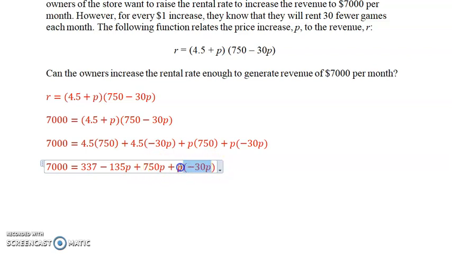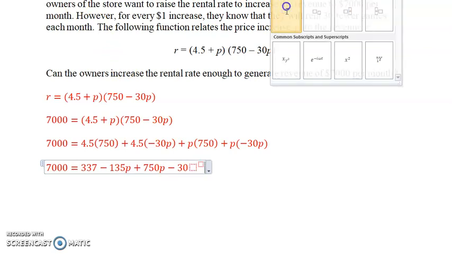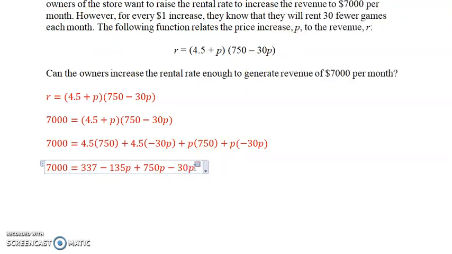And negative 30p times p is negative 30p squared. Okay? All right. Oh, that was a 5. I forgot. I missed that. Sorry. 3,375. So now what we're going to do is we will collect any like terms.